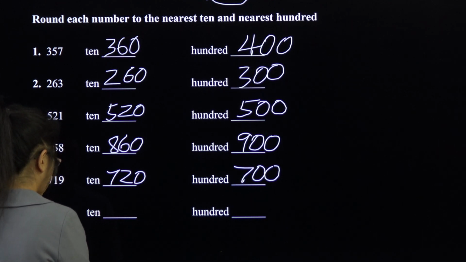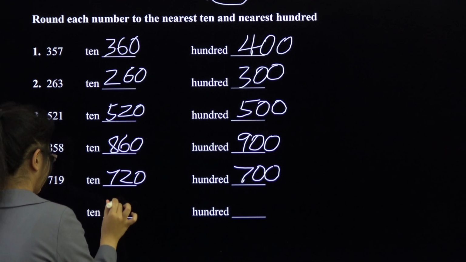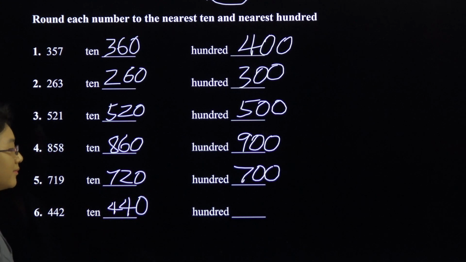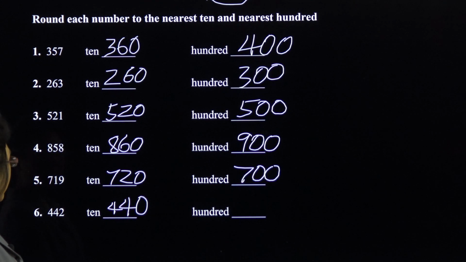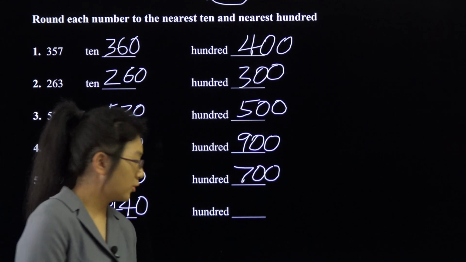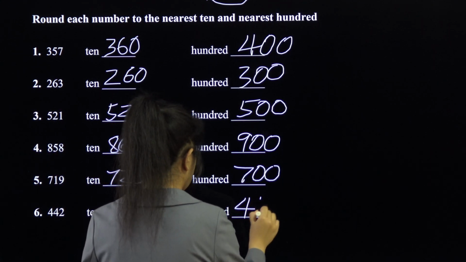Therefore, we are going to round down to 440. For the hundred, we look at the tens place. The tens place is a 4. 4 is smaller than 5. We're going to round down to 400.